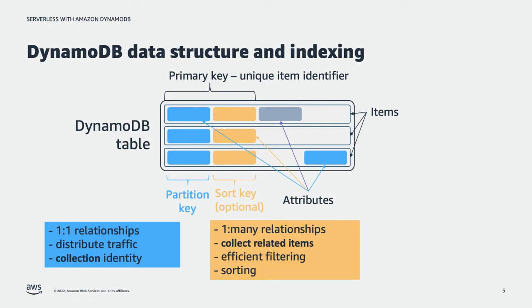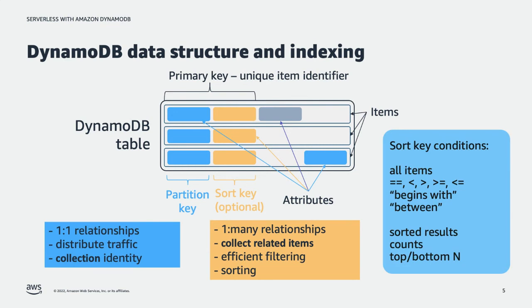So the sort key allows us to model for one-to-many relationships. It allows us to collect related items. So if you can think about this, it's like these item collections actually are built around having the same value of partition key, but unique value of sort key, and allows us to do some very efficient filtering and sorting of that data.